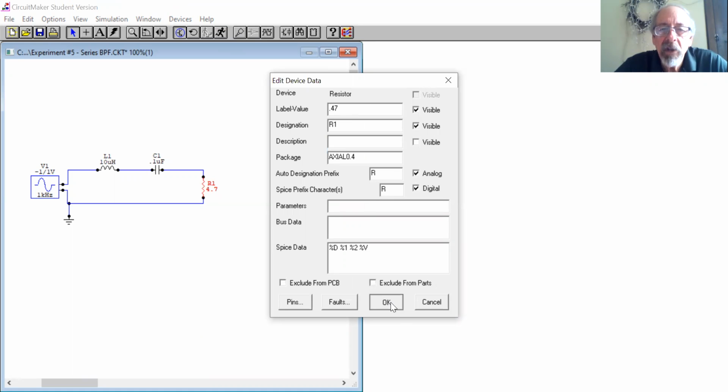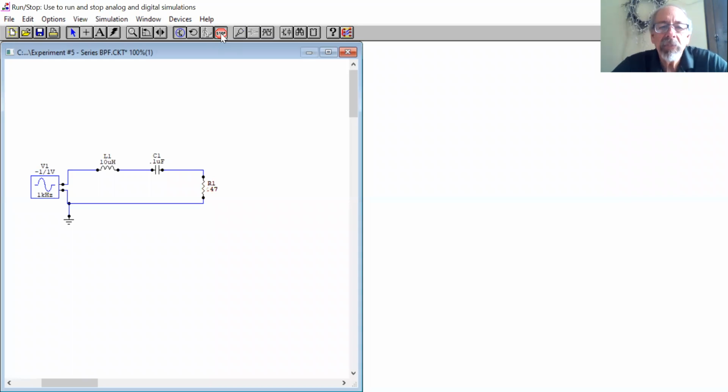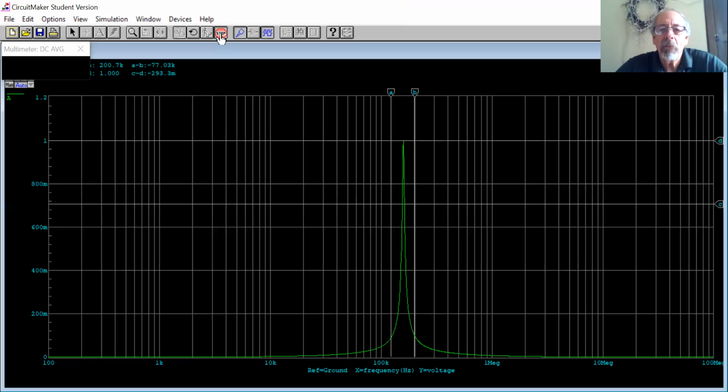We run it, and again, we hold our breath. 25%, 40%, 50%, 60%, 70%, 80% calculated, 90%, and finally 100% calculated. Here we go. Here is our frequency response, and see how we have a very sharp frequency response at this point.